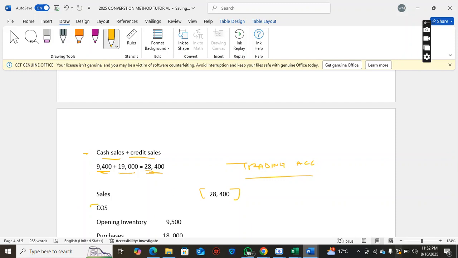We have to tabulate our cost of sales. So the first thing we bring in is opening inventory. Colleagues, where did this opening inventory come from? This 9,500?